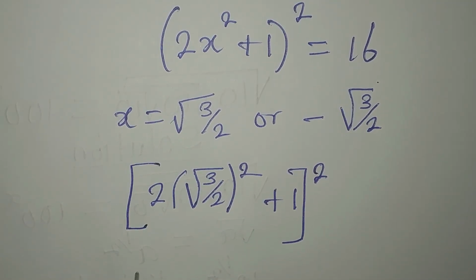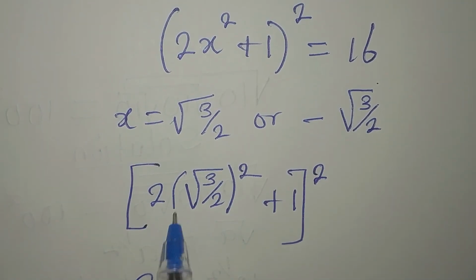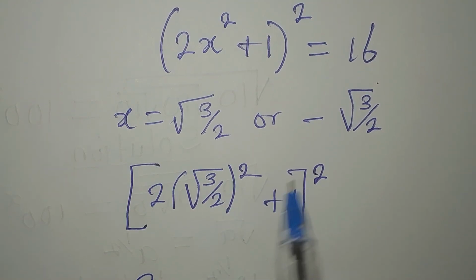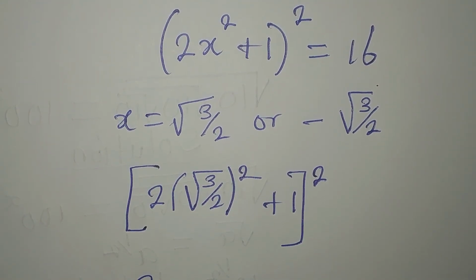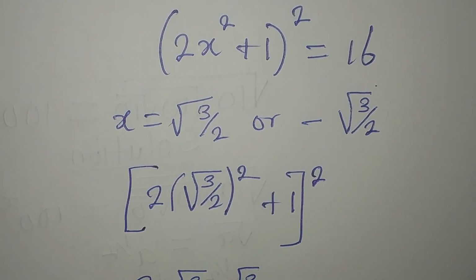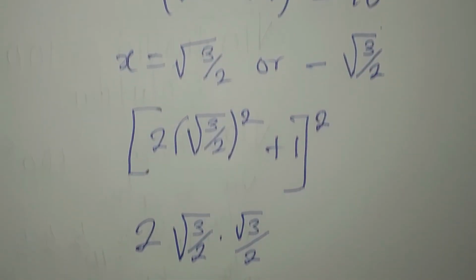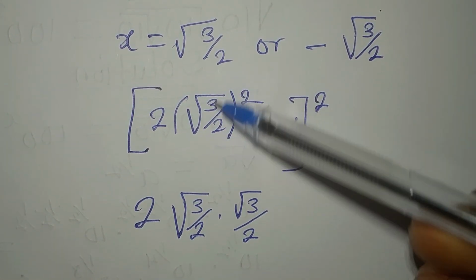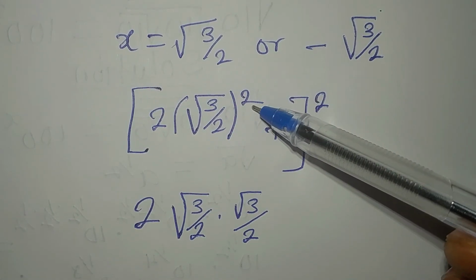So we're going to have 2 right here. This 2 here has no business with this power, right? So we're going to have the square root of 3/2 times the square root of 3/2. Why did I do that? Because this right here has to appear twice.